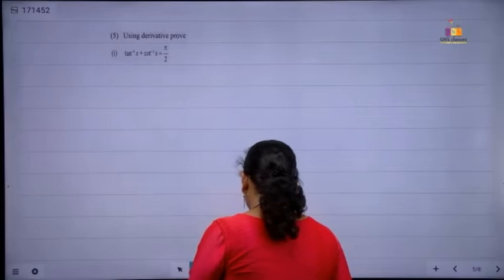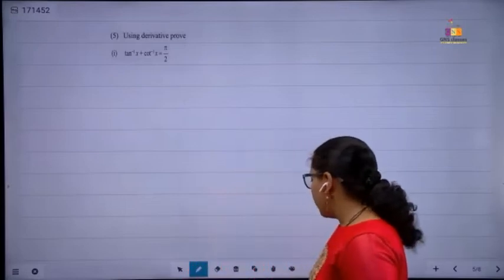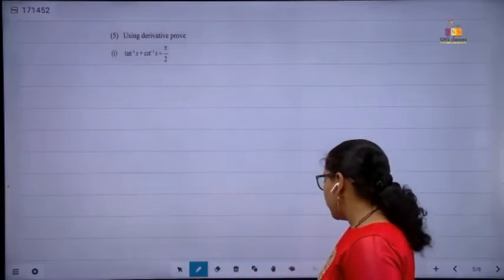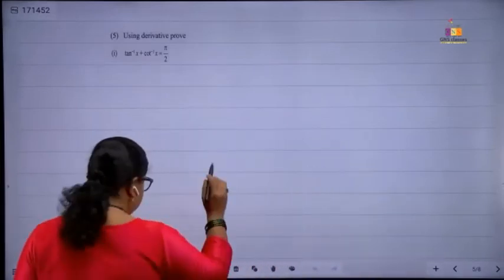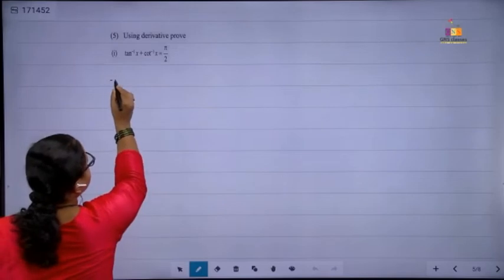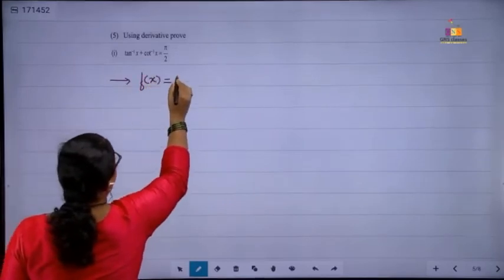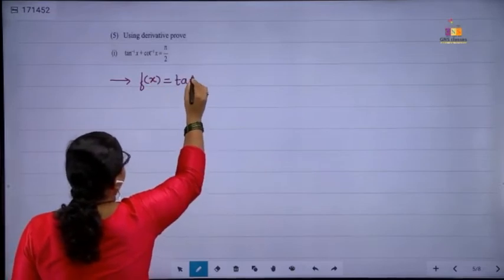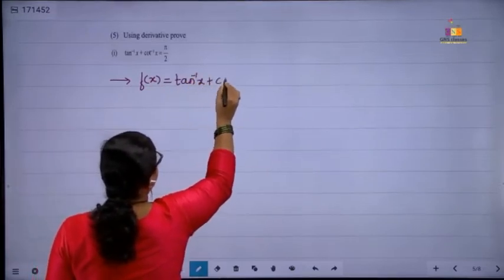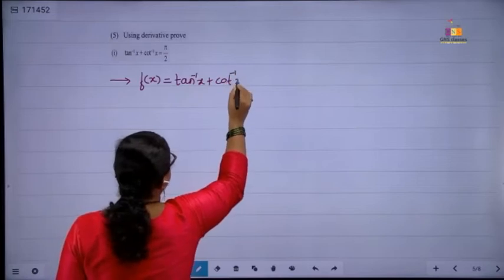Next one. Using derivative, prove that tan inverse of x plus cot inverse of x is equal to pi by 2. Here we will consider f of x is equal to tan inverse of x plus cot inverse of x.